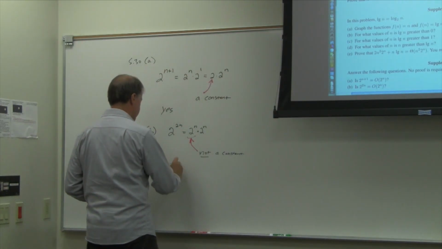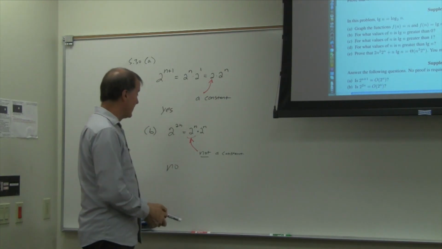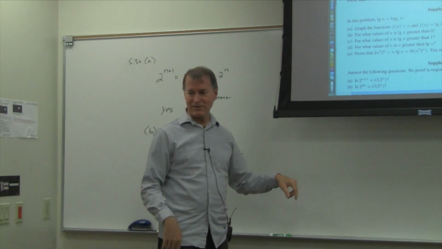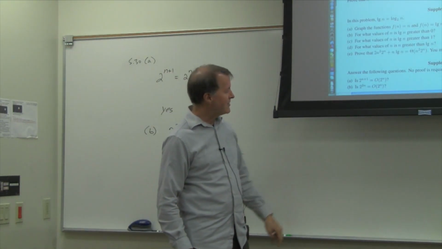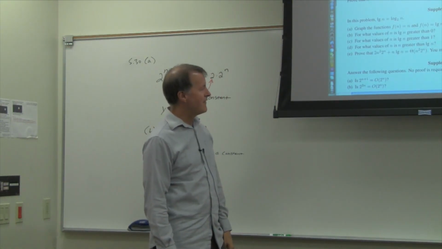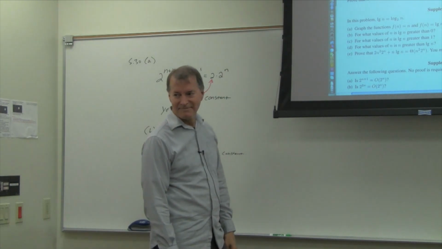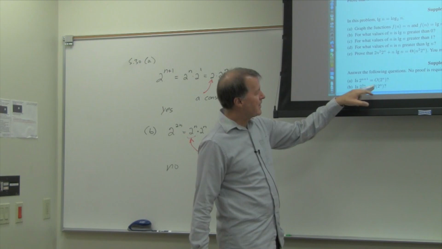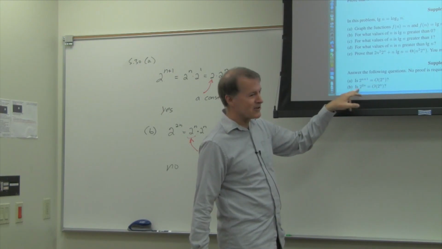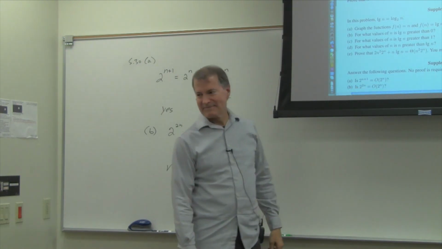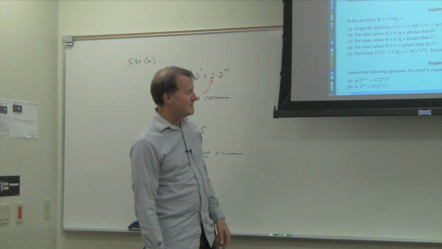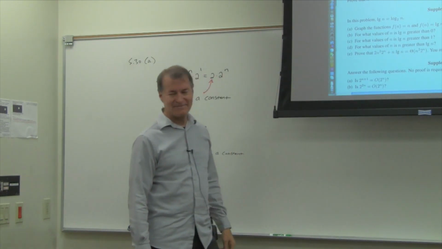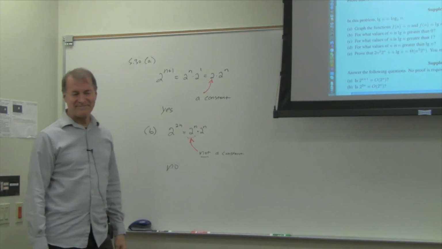It's bounded below. On the other hand, is 2 to the 2n big O? I didn't ask this. Maybe I should have. I should have had A, B, C, D: is this big O, is this big omega? Because is 2 to the 2n big omega of 2 to the n? Sort of like asking, is it a big theta?